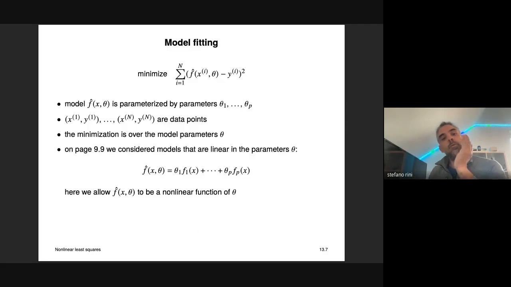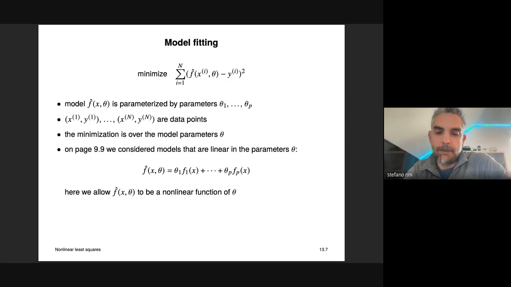Then we have a data set of points x1, y1 through xn, yn. So the data set tells us the features and the labels, as we discussed already back in the beginning of the course. What we want to do is minimize the loss, which in this case will be an L2 loss, and choose a set of parameters that minimizes this loss.